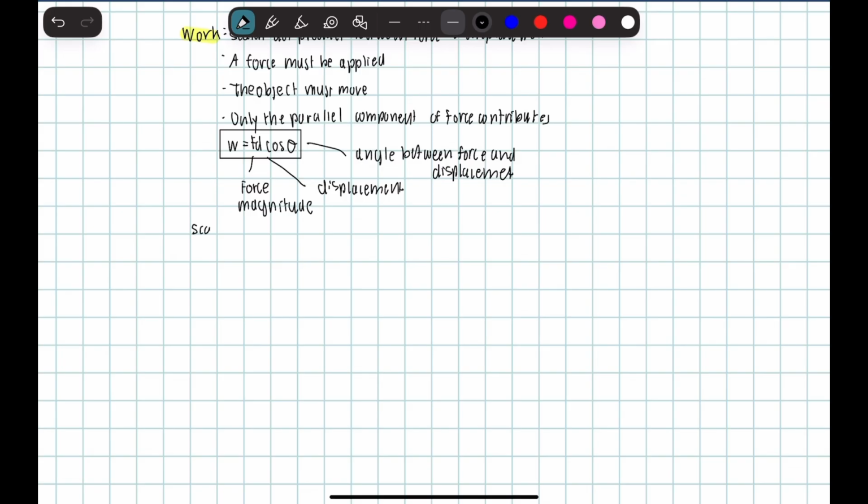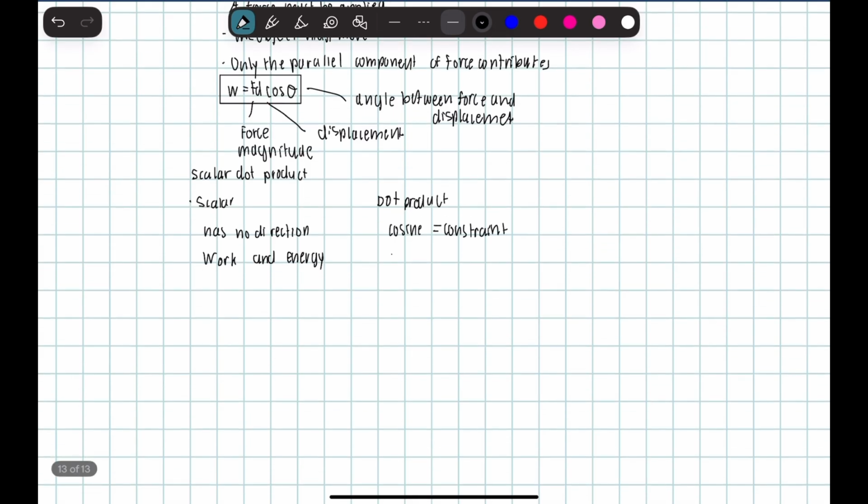Now for the scalar dot product, you need to know that a scalar has no direction, and these will include work and energy. And the dot product is that cosine is going to be essentially the constraint for this equation.